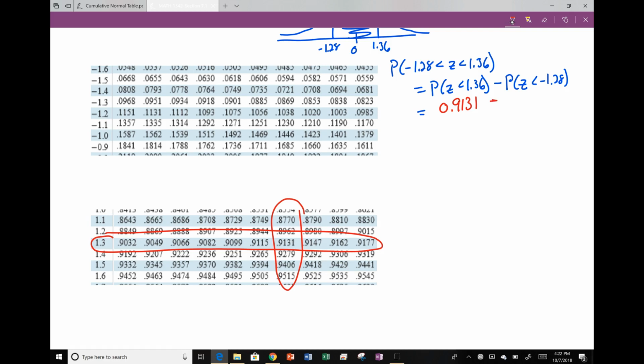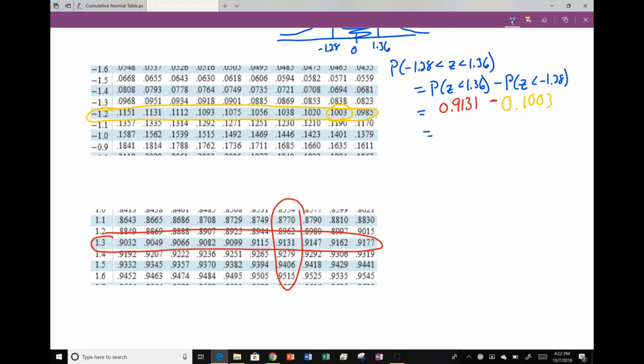I'm going to subtract, and then I'm going to look for the area to the left of negative 1.28. Well, here's negative 1.2. 0, 1, 2, 3, 4, 5, 6, 7, 8. So that's 0.1003. And I want to subtract these two.